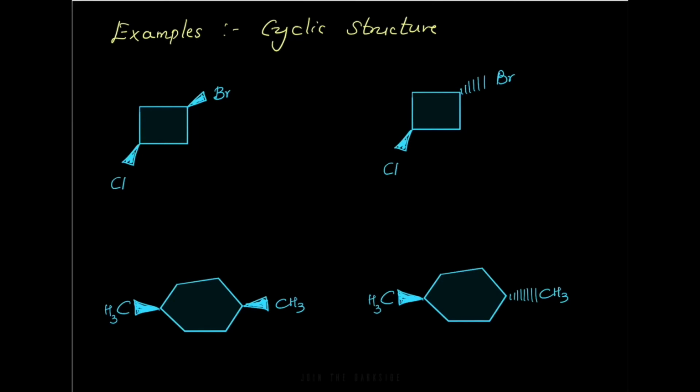Okay, now let's try to name this compound, and this is cyclobutane. We have a bromo substituent and a chloro substituent. So if we want to number this, let's go ahead and number this: 1, 2, 3, 4. So this is going to be 1 bromo, 3 chloro, cyclobutane.